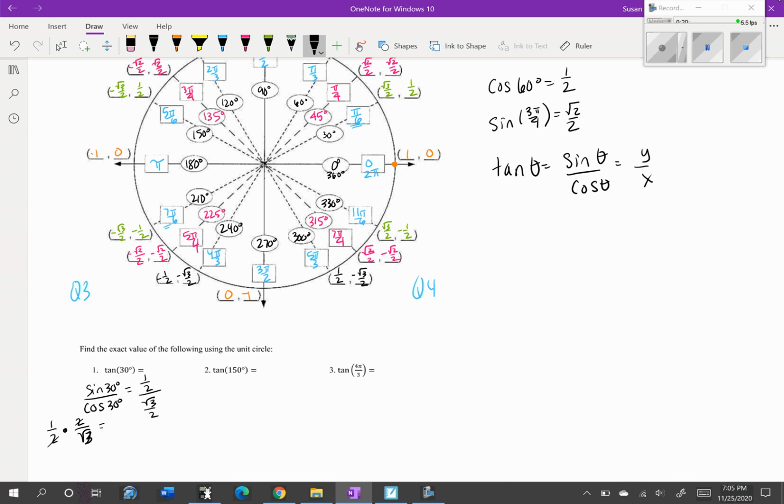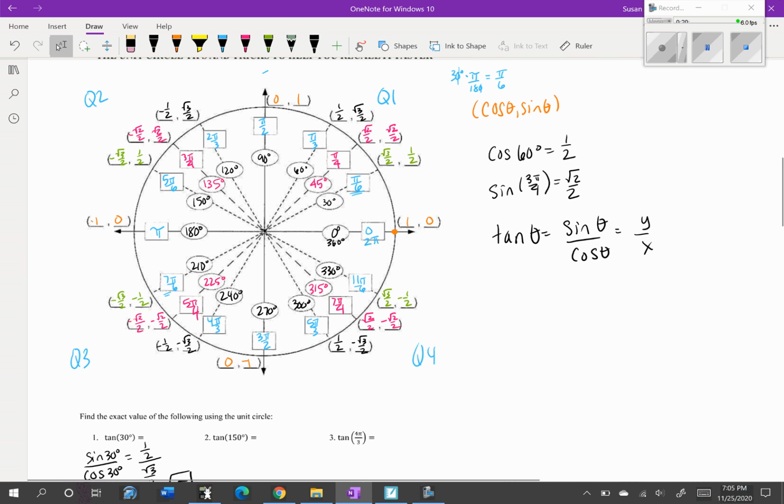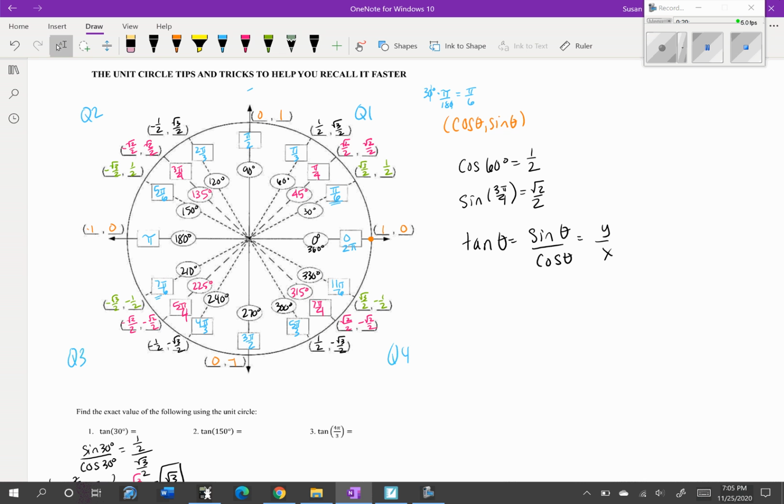And notice the 2's would cancel out. So you multiply straight across, 1 over root 3. Of course, we want to rationalize our denominator there, so multiply by root 3 over root 3, and we get root 3 over 3. So that would be the tangent of 30 degrees. I'm going to write that on the outside. So the tangent of 30 degrees is root 3 over 3.